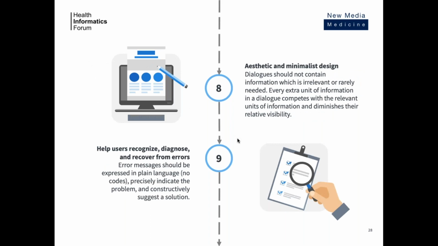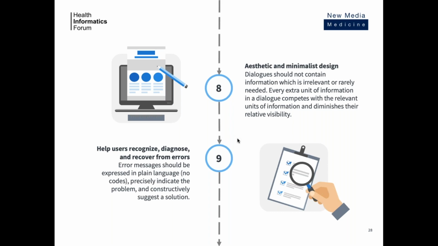The next one is aesthetics and minimal design. This is about the tendency for some designers to put too much information in. Again, this is thinking about how our brains work and how we process information. You should minimize the amount of information necessary to make decisions or complete tasks on a system.